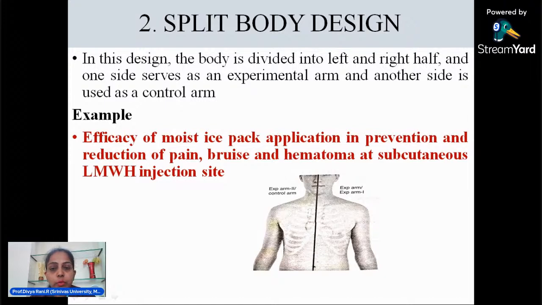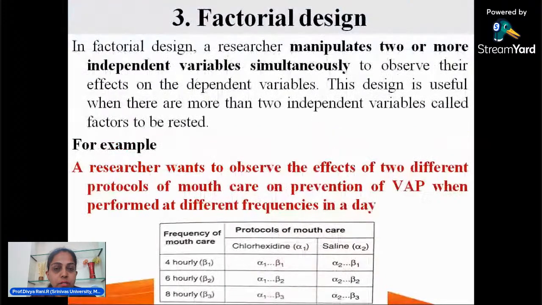So here, on the right side of the abdomen where the injection was given, moist ice pack application will be done. That will be the experimental arm. The other side will be considered the control arm. So in the same body itself, there will be a control arm as well as an experimental arm. Such a design is called split half body method.